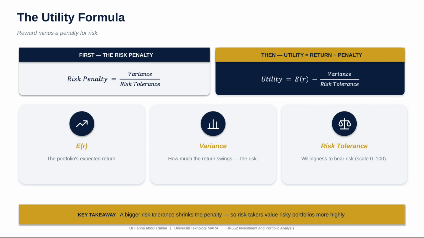Variance is how much the return swings, the risk, and risk tolerance is the investor's willingness to bear risk on a scale from 0 to 100, which we will discuss next. The crucial insight in the takeaway is that a bigger risk tolerance shrinks the penalty, so a risk taker values a risky but high return portfolio more highly than a cautious investor would. Let us look closely at that risk tolerance number.